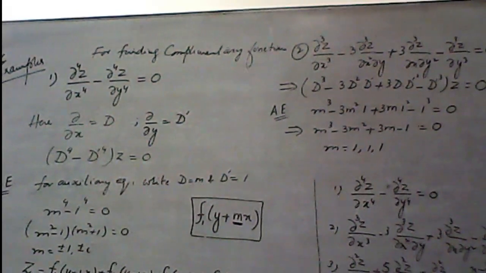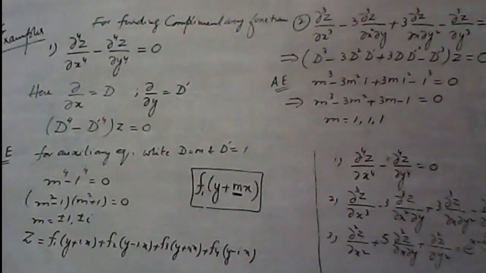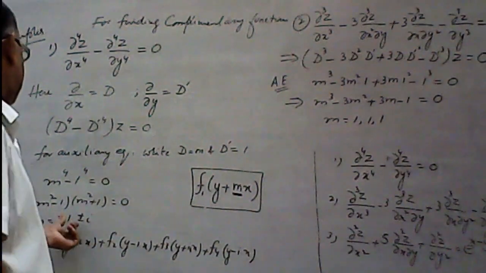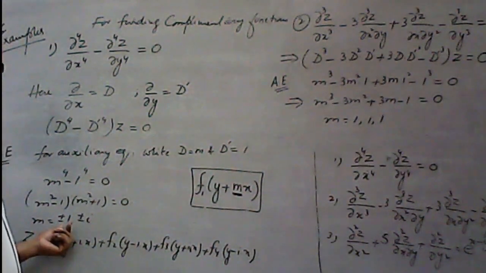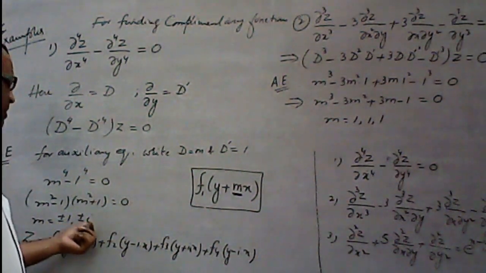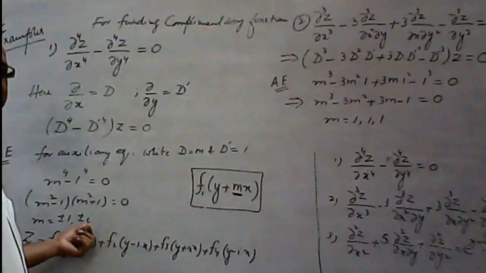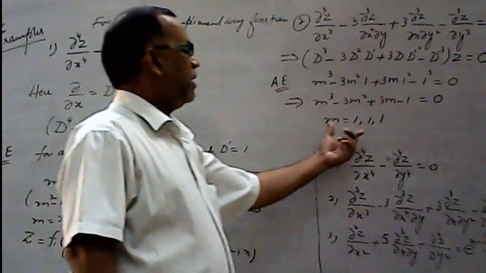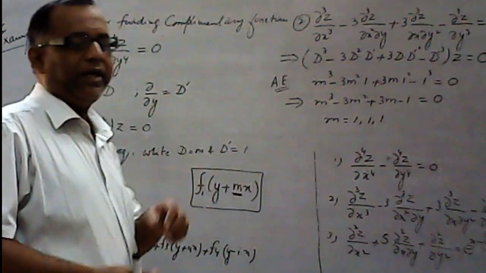So here it is the same thing. In the previous example, these two roots are real and distinct, and these two are complex and distinct. And here all three roots are real but repeated.